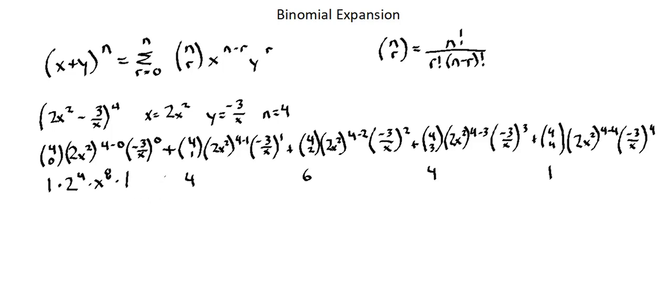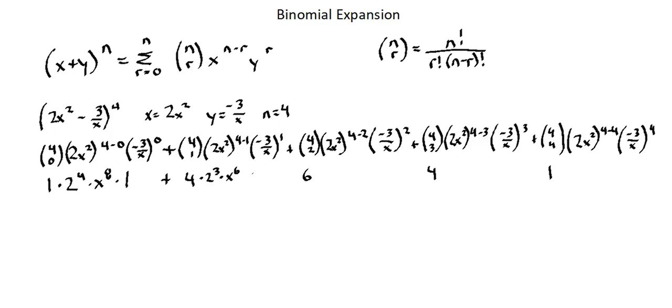Now continuing on, plus 4 times 2x squared, all to the power of 4 minus 1, which is 3, will be 2 to the power of 3, times x squared to the power of 3, which is x to the power of 6, times negative 3 over x to the power of 1.